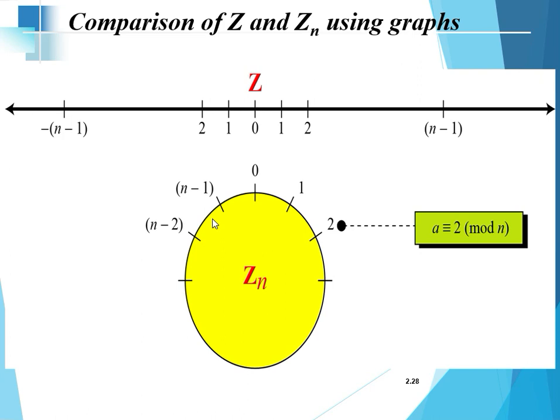All congruent integers modulo n occupy the same point on the circle. Positive and negative integers from Z are mapped to the circle in such a way that there is symmetry between the relation.